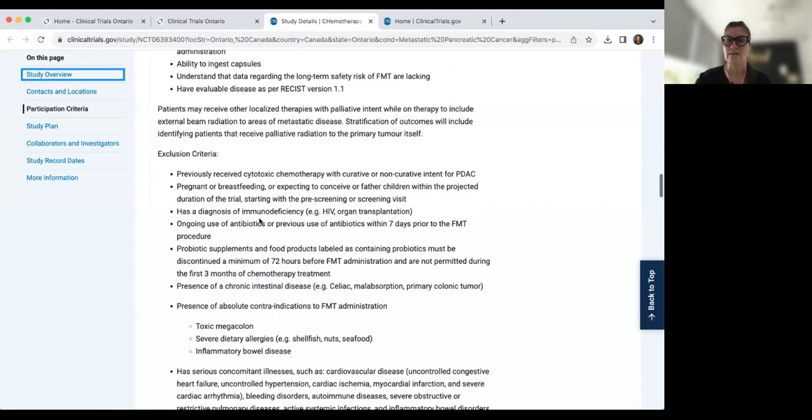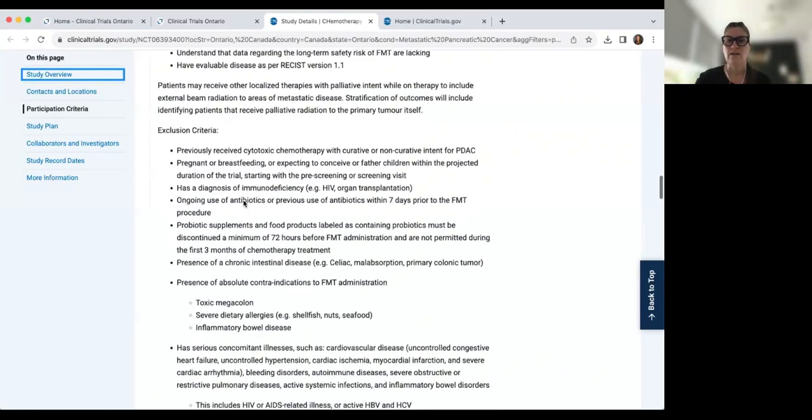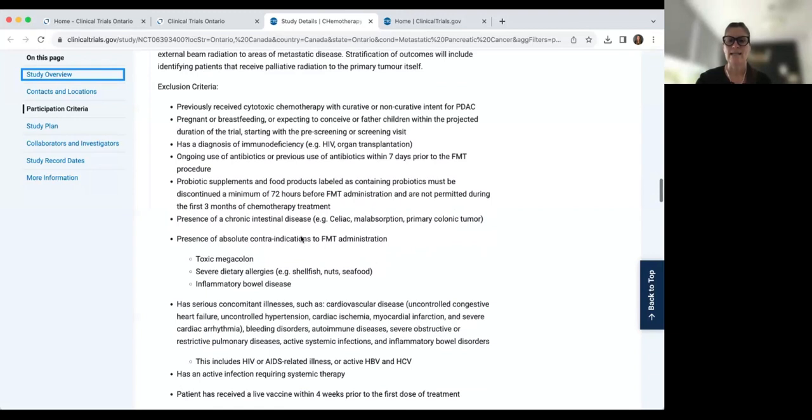Have a diagnosis of immunodeficiency, so that might impact the results of the study, such as HIV or organ transplantation. If you've got ongoing antibiotic use within or prior to the FMT procedure. And it tells you that you have to discontinue any probiotic supplements and food products labeled as containing probiotics.